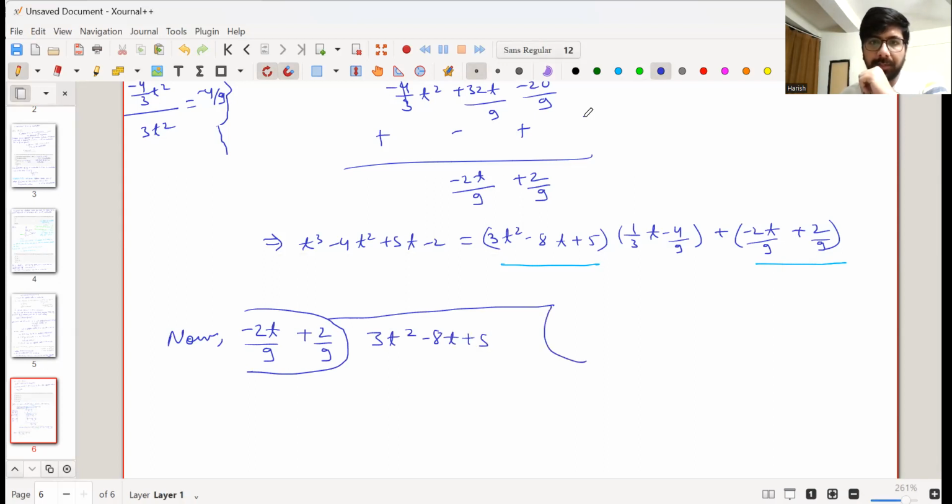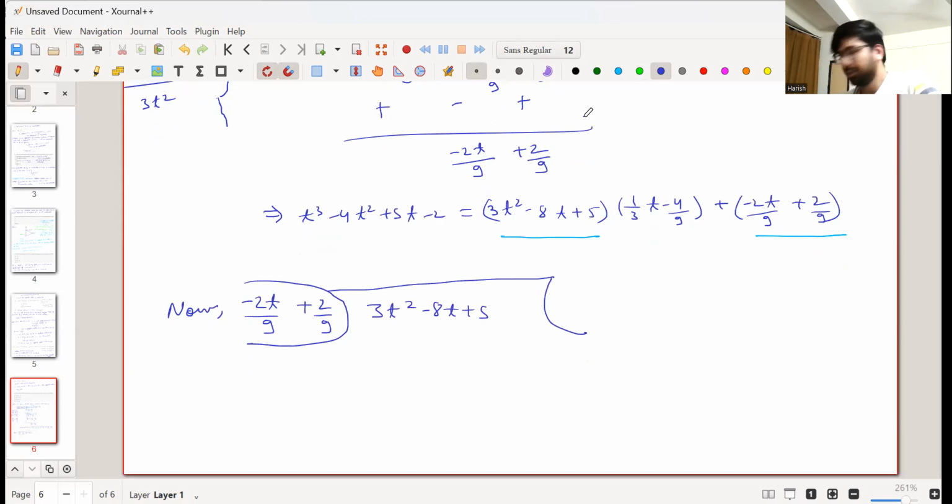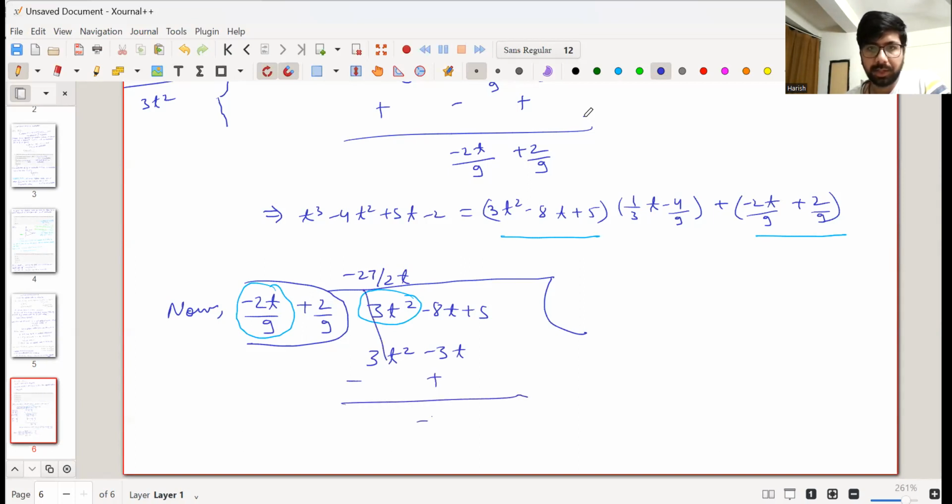So it will divide completely, and you can see that when you divide the leading coefficient, this by this, you will get minus 27 by 2 t. Multiply this by this will be 3t square minus 3t. Change sign, this will cancel out, this will be minus, sorry, yes, minus 5t plus 5.